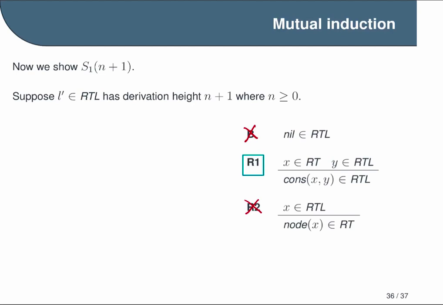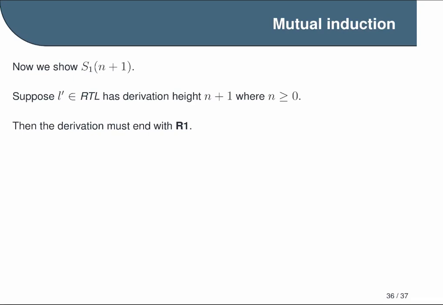So therefore, we also know that our rooted tree list, L prime, was created using this cons operation on our two variables x and y. And so we can write L prime is equivalent to cons xy for some xy. To write this out, we can just say our derivation must end with rule R1, and therefore our L prime has this form cons TL, where T is a rooted tree and L is a rooted tree list.